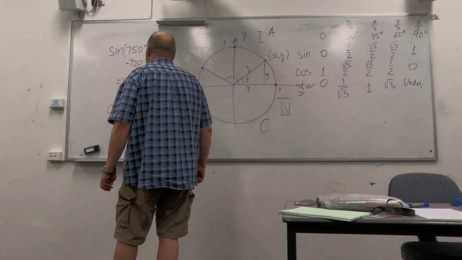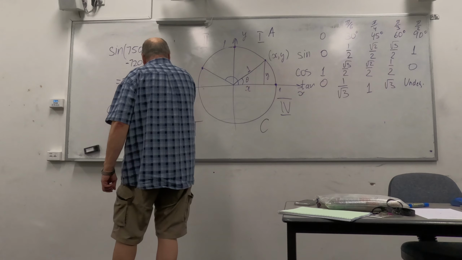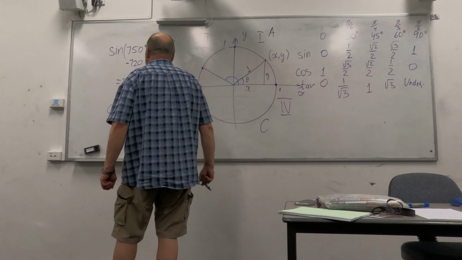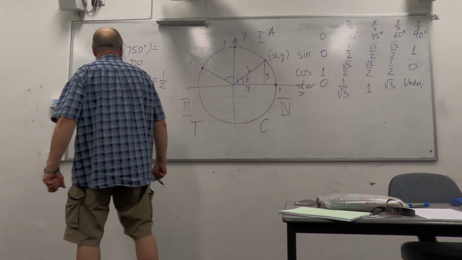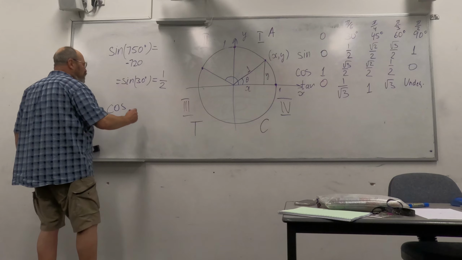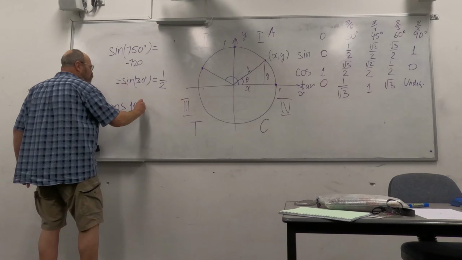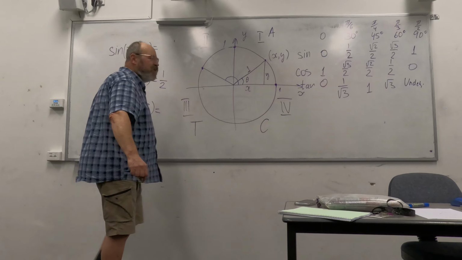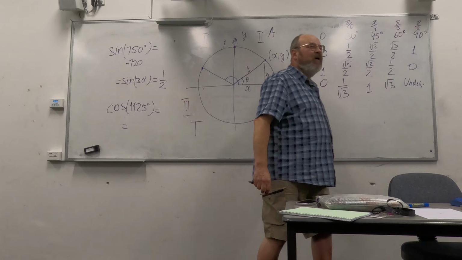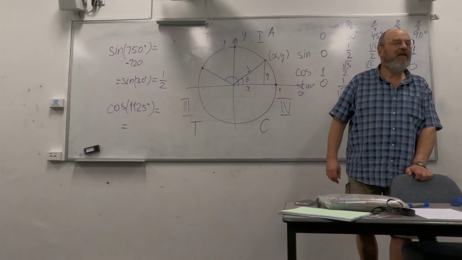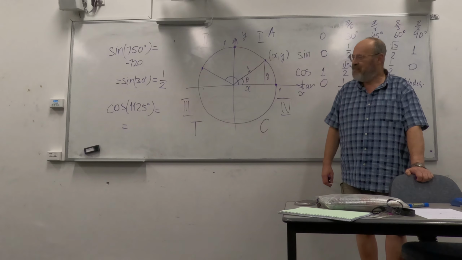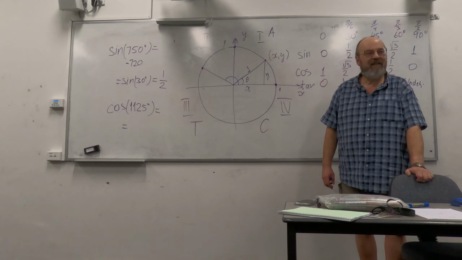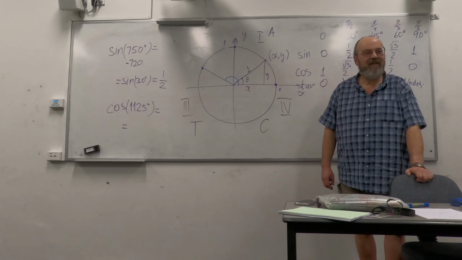Cos of 1125 degrees. Find cosine of 1125 degrees. 360 times 3 is 1080, minus 1080 gives 45.